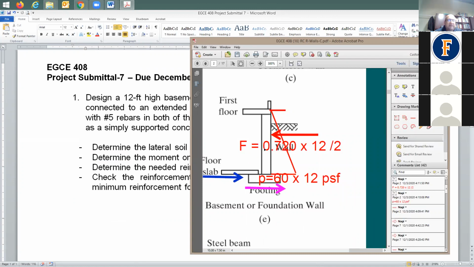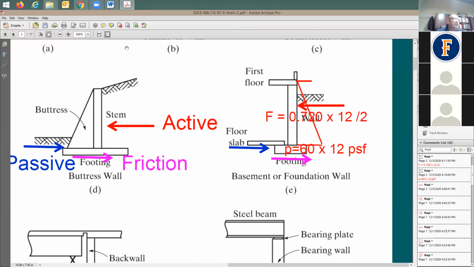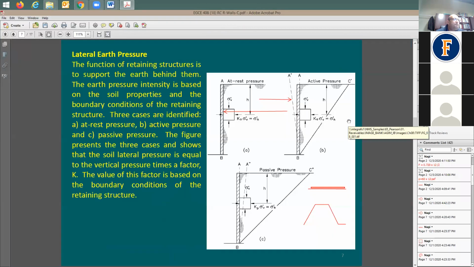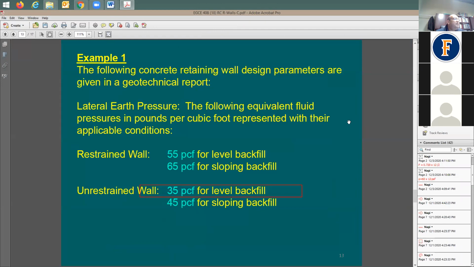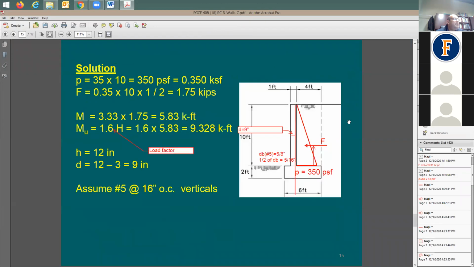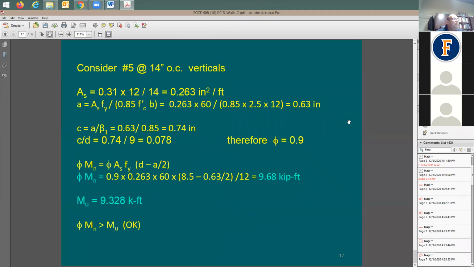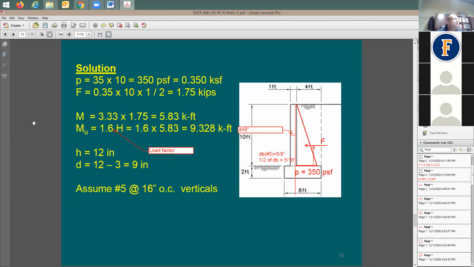F sub U is going to be equal to whatever value you have here multiplied by the load factor. And the load factor equals, you guys remember, 1.6. Where do I have this from? For H. Exactly, for the soil pressure H. It's right here. You see this factor? Here's the load factor for soil pressure.